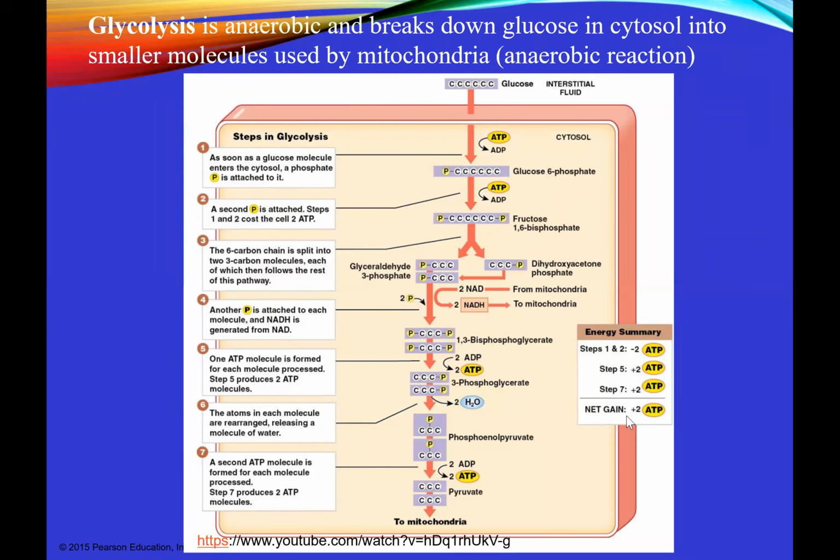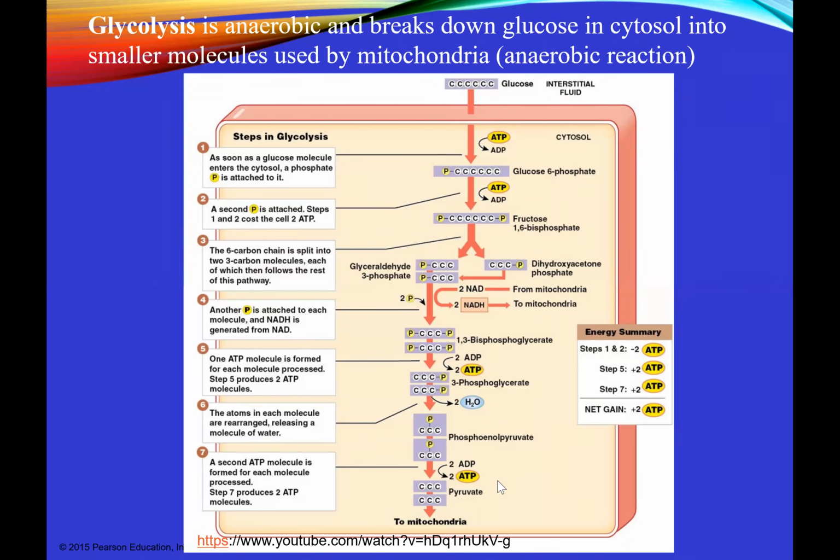So there is a net gain of only 2 ATPs, but NADH is made here. And again, the series of steps continues. So from glyceraldehyde 3-phosphate, it becomes a phosphoglycerate, and then that's phosphoenol pyruvate. So here one ATP is given off, ATP is given off here, but it ends with making pyruvate.